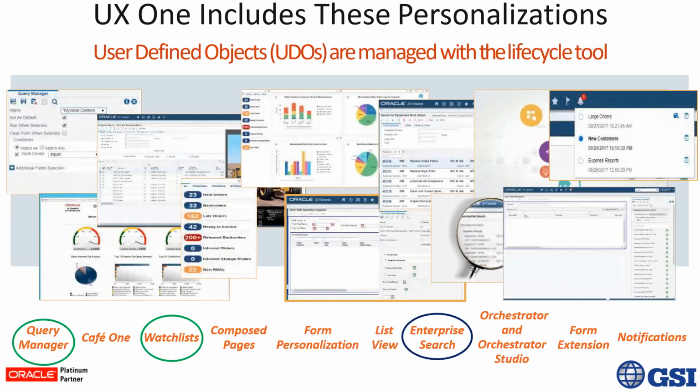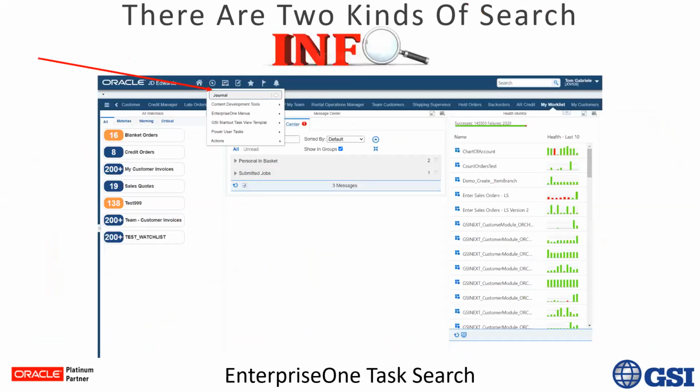And there's a couple of important things before I turn it over to Dan that we have to know, right? In J.D. Edwards, there's two kinds of searches. There's one search that's called EnterpriseOne Task Search. You have that. Your organization can use it.